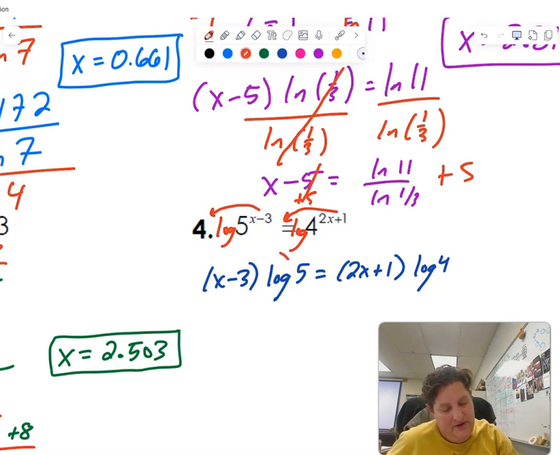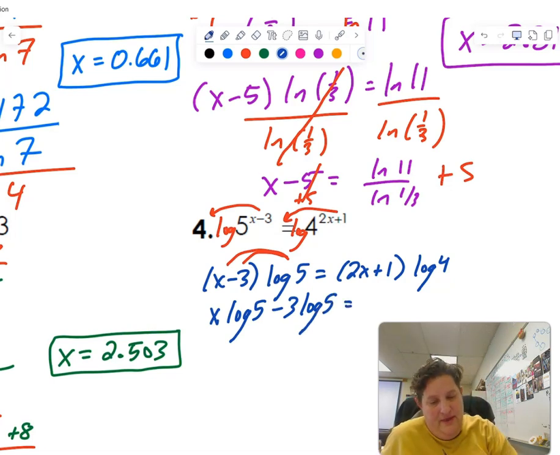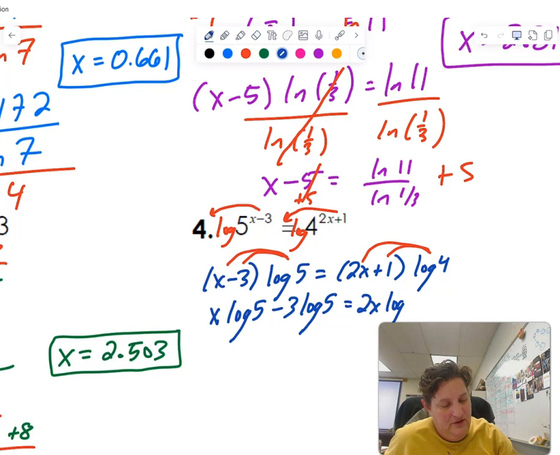All right, first I'm going to take the log 5 and distribute it back. So it's x log 5 minus 3 log 5. Okay, and then I'm going to take the log 4 and distribute it back. So that's 2x log 4 plus 1 log 4.